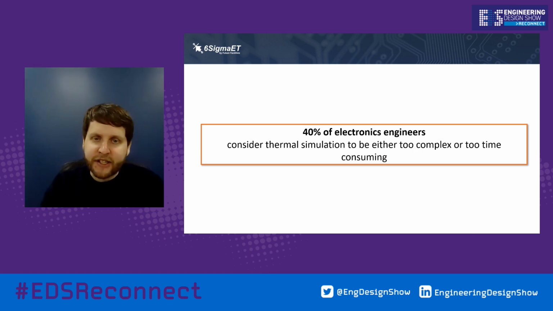So this is reflected in our survey that many engineers consider thermal simulation to be too complex or too time consuming. So that should be our real focus when developing Six Sigma ET, to make sure it's really easy to use and also really quick to model, do the simulations, and also to analyze the results as well.